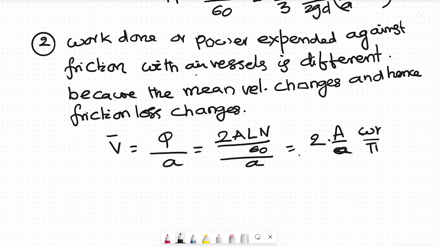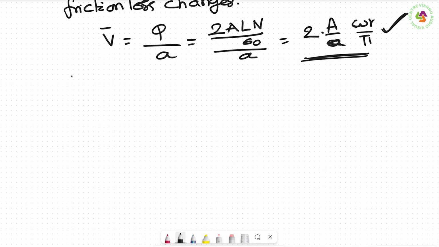Previously it is A by a omega R by pi. Now, because it is a double acting reciprocating pump, it is 2 into A by a into omega R by pi. This is the main difference. Once that is over, the rest of the things you can calculate.